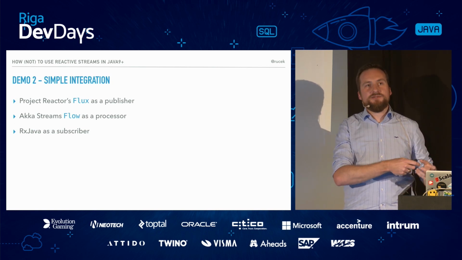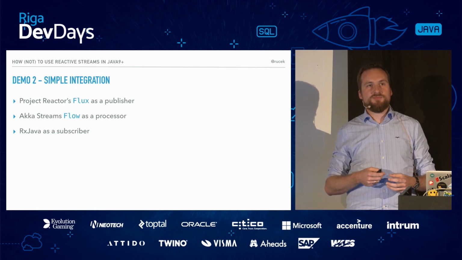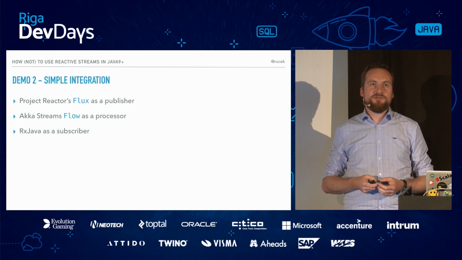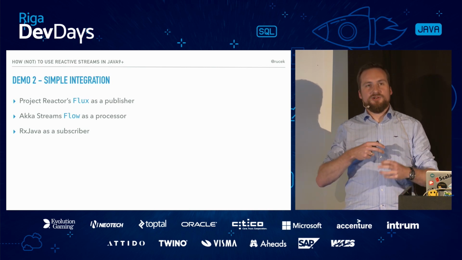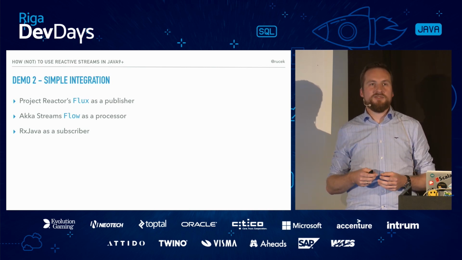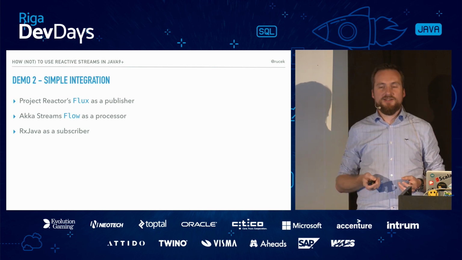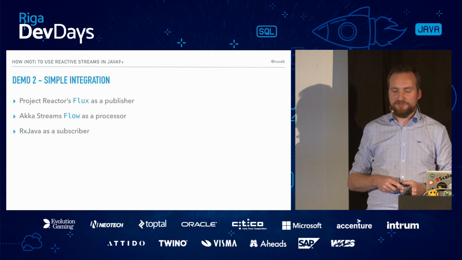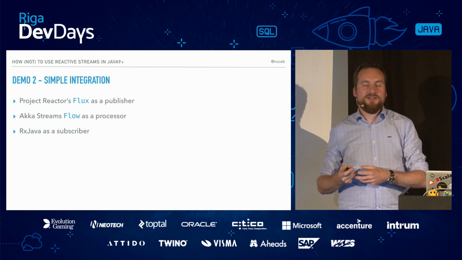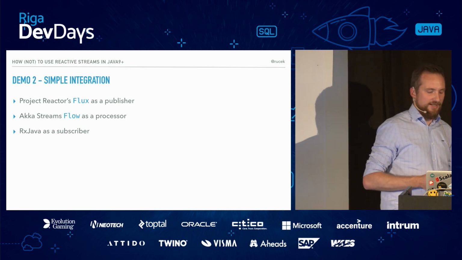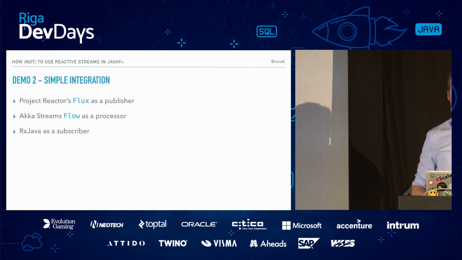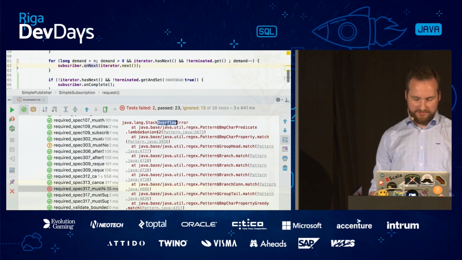But on the other hand, there is Spring, which internally uses Project Reactor, as you saw in the previous talk. So the Spring people are really not interested in adopting all the reactive stuff in the JDK or in Java EE, because they already have it, and there is no reason for them to drop Reactor. But there are companies that use Java EE and would really benefit from it being in the JDK. So, coming back to the integration example.